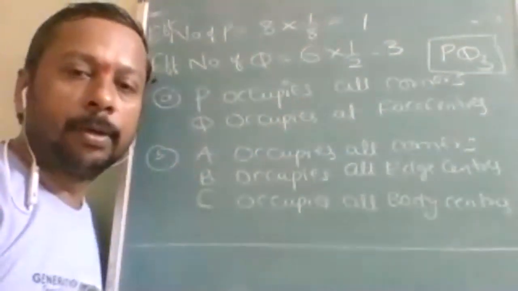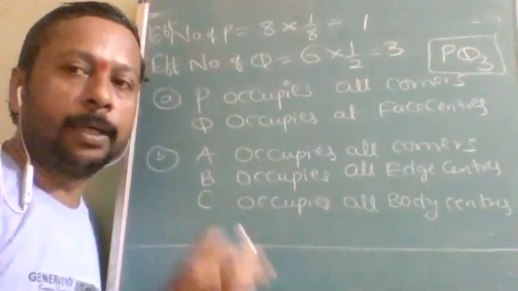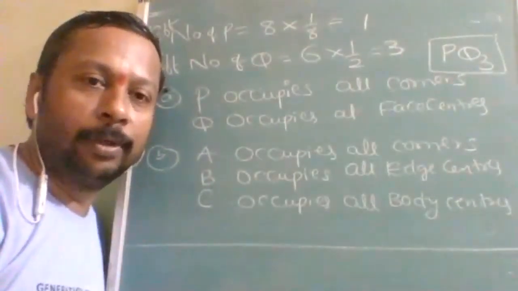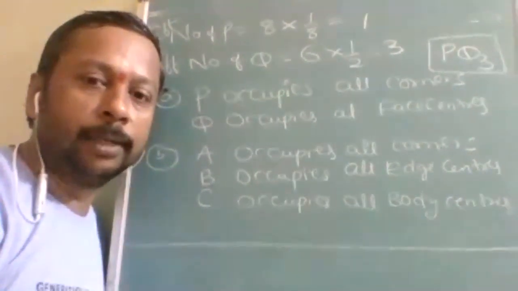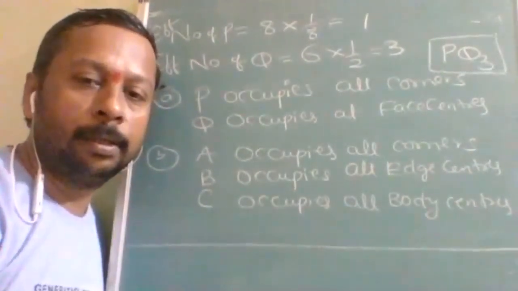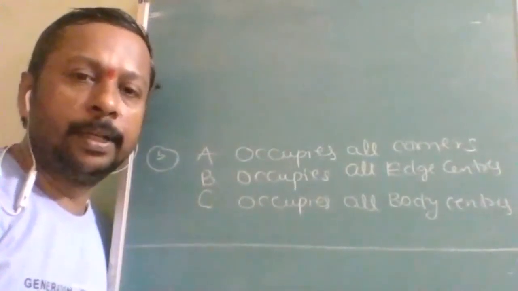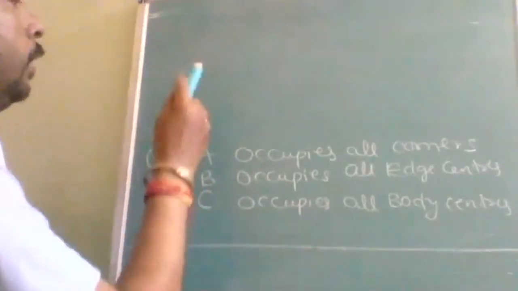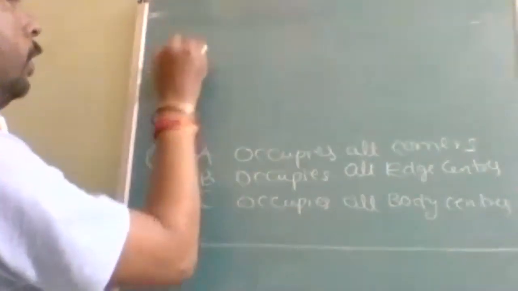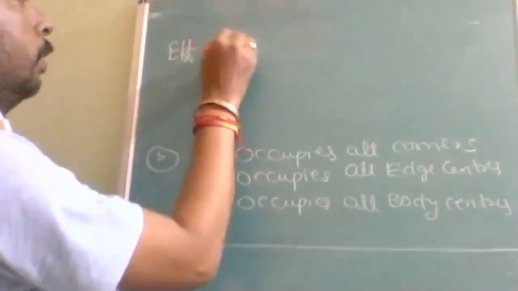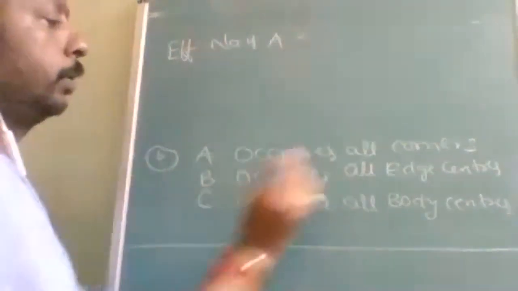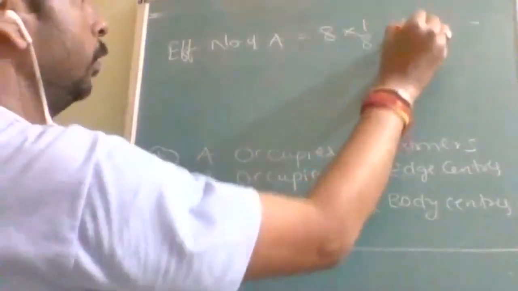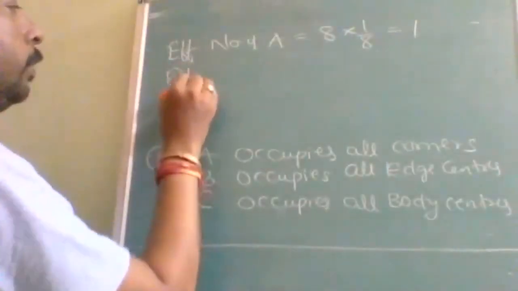So accordingly you can try the second part. Understood? This is a very basic question; slowly I will improve the level, then you will come to know the actual level of questions. I hope you have done the second part also. A occupies corners, so directly I will write the effective number. Effective number of A is 8 into 1 by 8, which is 1.